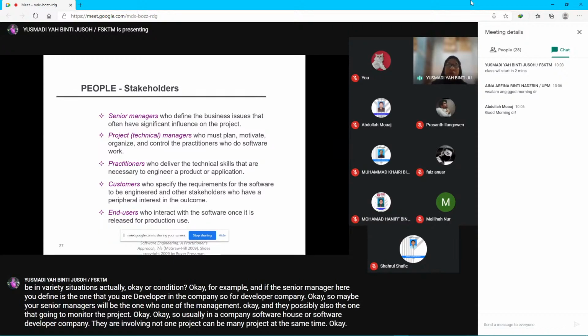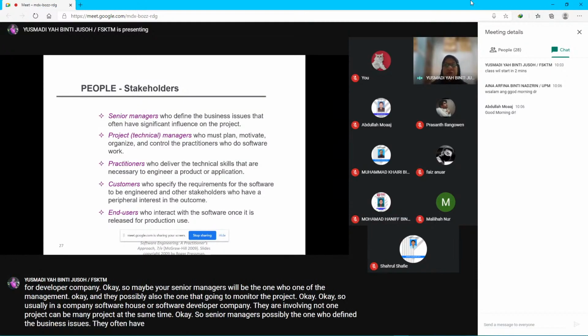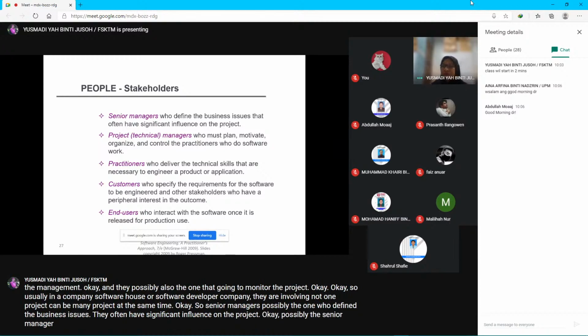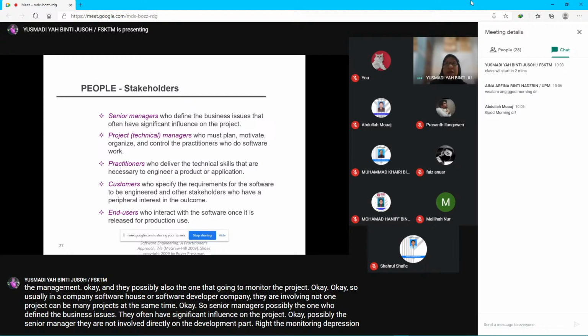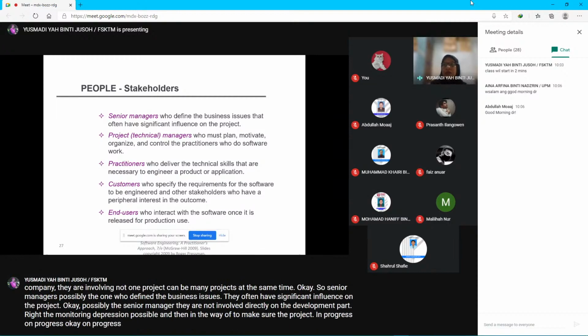Possibly the senior managers are not involved directly in the development part, but they monitor the project to make sure it is on progress without any delay or problems, which has significant influence on the project.